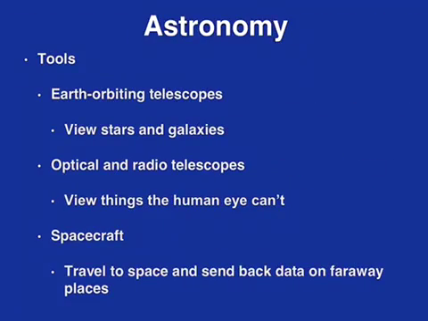If you're studying astronomy, your tools are a little bit different than if you're studying something here on the planet. You're going to need telescopes to help view stars and galaxies. Optical and radio telescopes help see things that the human eye can't. And you may even need spacecraft to travel to space and send back data on faraway places.